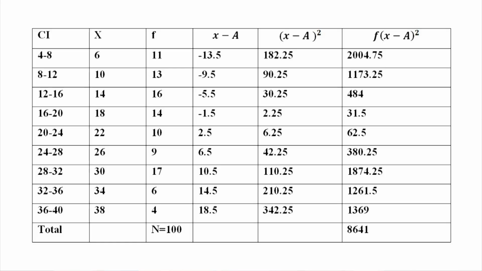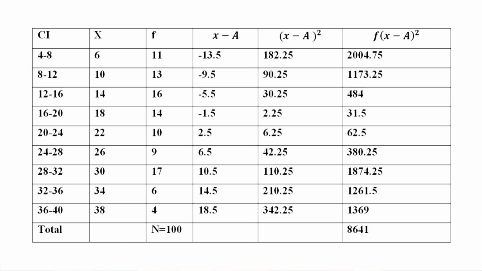As a first step, compute the deviation of the observations from the arbitrary value, and the values are minus 13.5, minus 9.5, minus 5.5, minus 1.5, 2.5, 6.5, 10.5, 14.5, 18.5, which are entered in the fourth column.